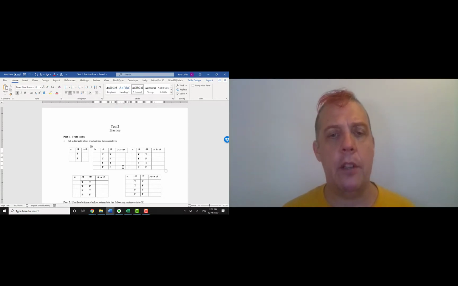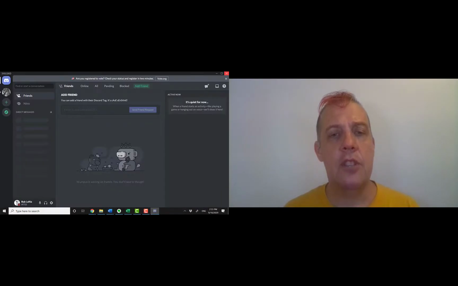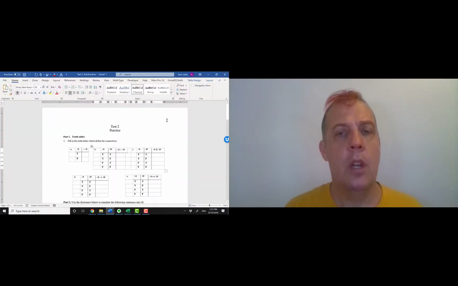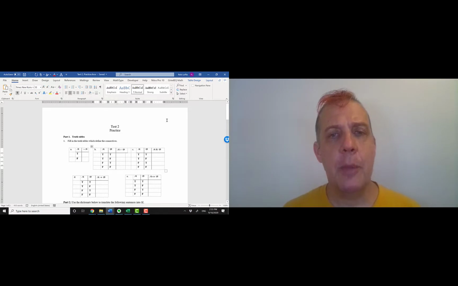Some of them are weighted so that you're sure to get some of the trickier ones. But for the most part, it's random. And so you're just going to be asked to fill in single lines on these truth tables.